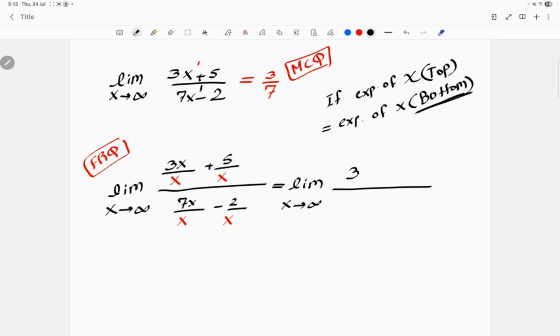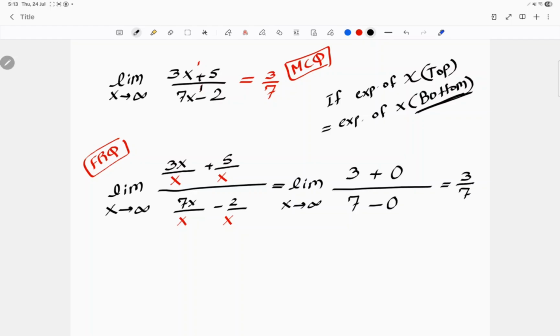It will give you 3. What's 5 over x going to give you? What's 5 over infinity? 0. Any number over infinity will give you a 0. 7x over x, just 7, right? Yes. And minus 2 over infinity will give you 0. So 3 over 7.